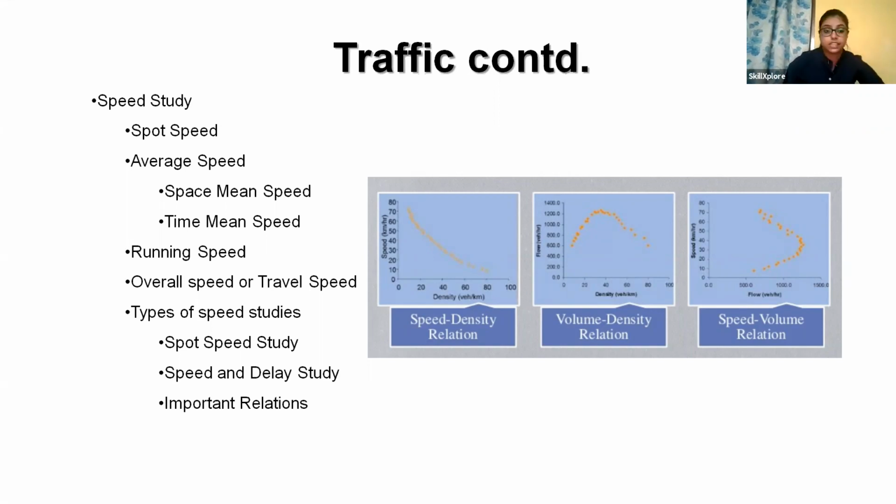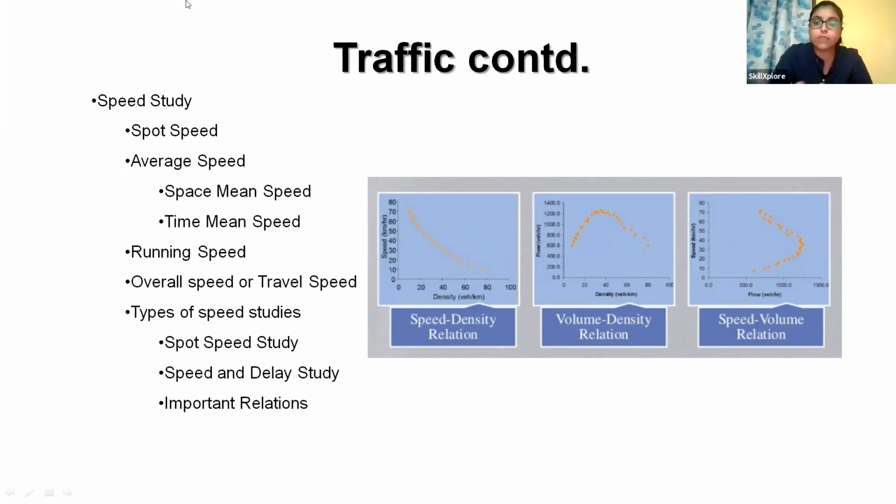The types of speed studies, as I have already mentioned: spot speed, and speed and delay can also be studied. Then important relations, and repeated questions have come from this area, that is the speed density relation.